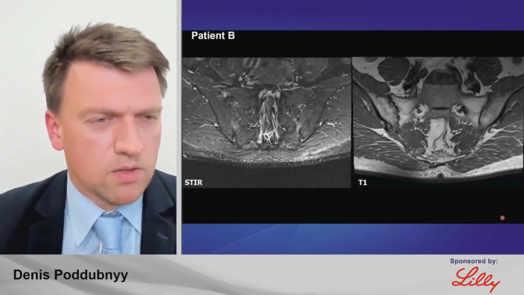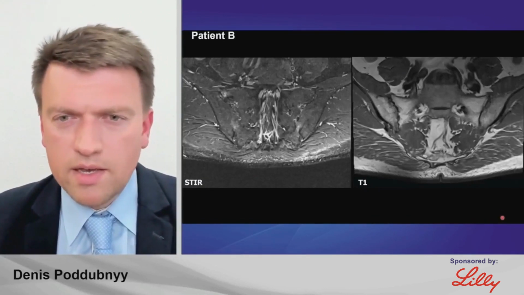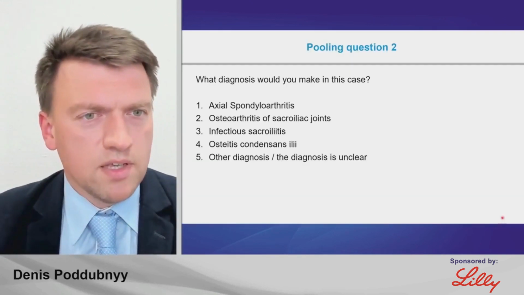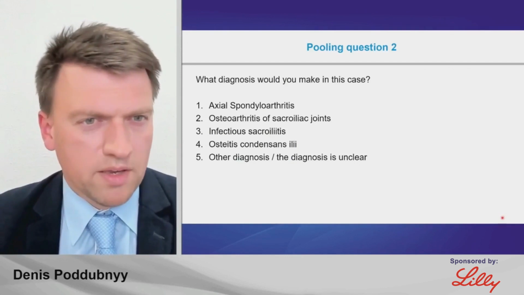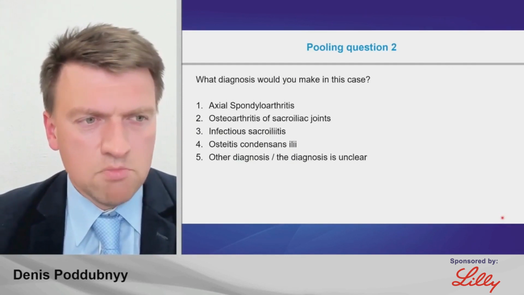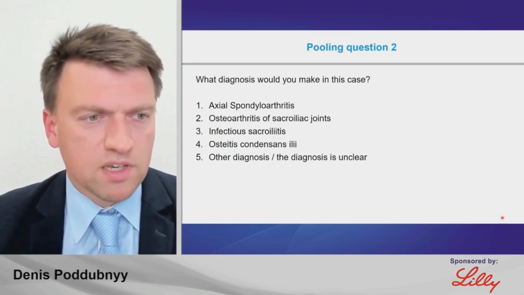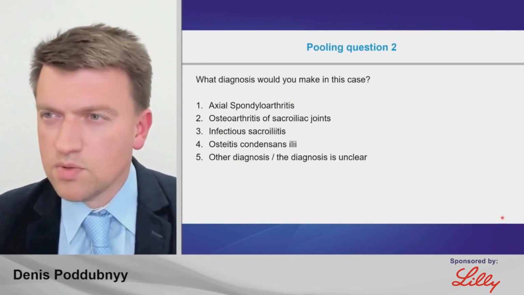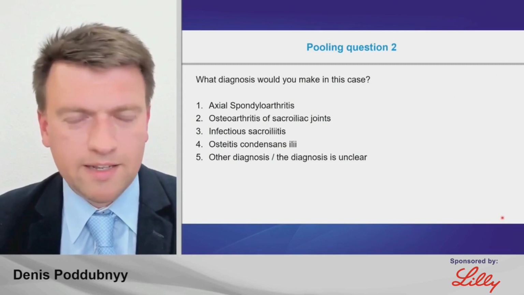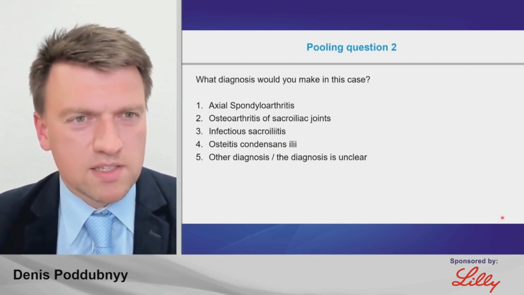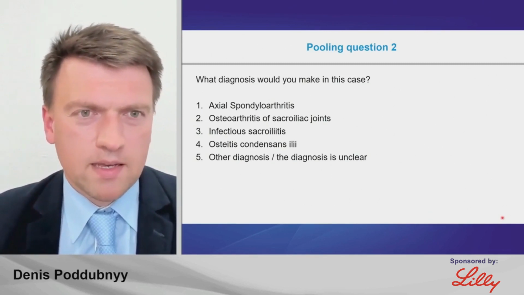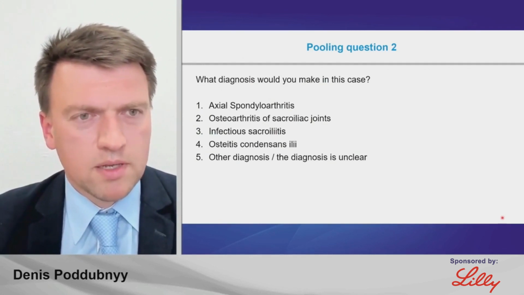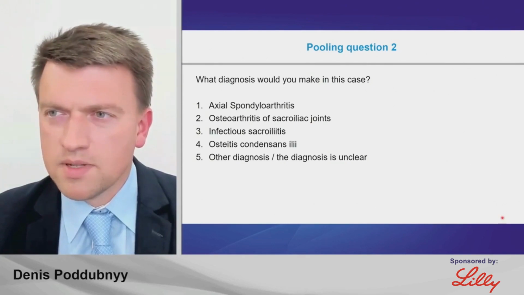So have a closer look at the images, and then please try to answer the question, which diagnosis would you make in this case? Axial SPA, osteoarthritis, infectious sacroiliitis, osteitis condensans ilii, or other diagnosis, or the situation is rather unclear. So again, a few seconds to answer this question, and then there will be an answer to it.